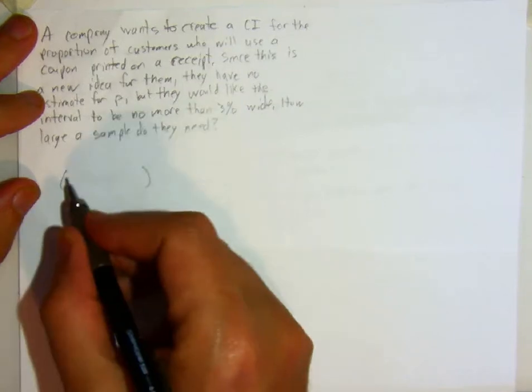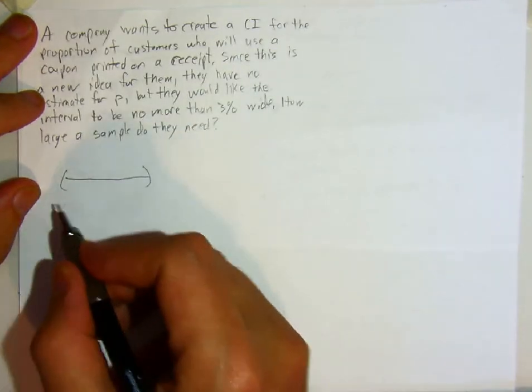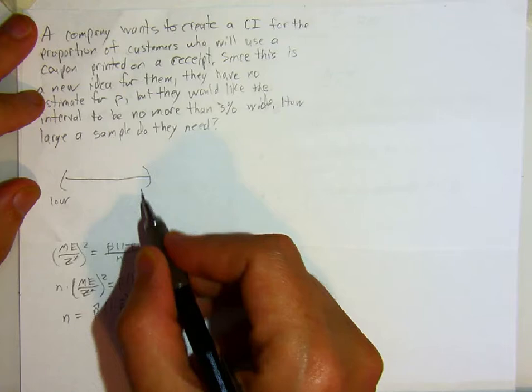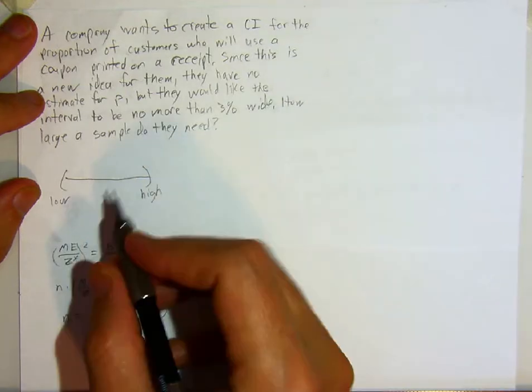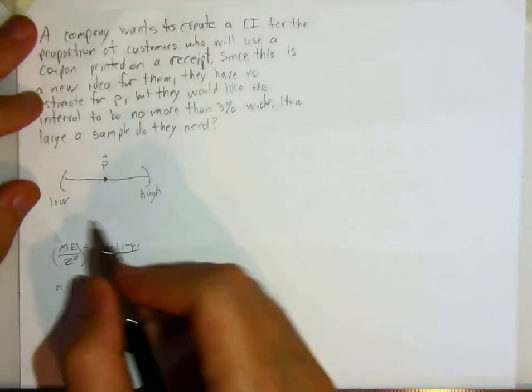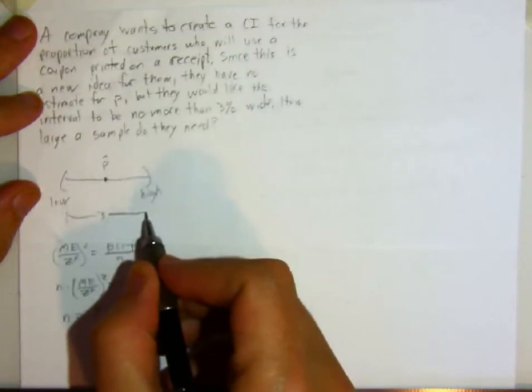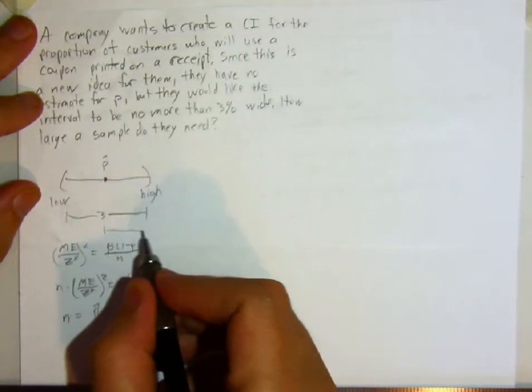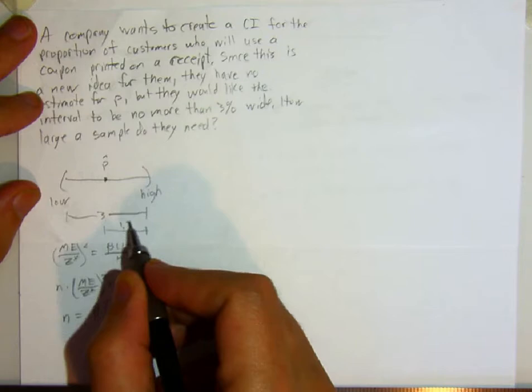So the first thing, there's a little bit of a trick here where we're saying the interval needs to be 3% wide. So this is our interval, low end to high end. And for that to be 3% wide, we have to think that the value in the middle is p hat, whatever we get from our sample. So 3% wide, if 3% is from here to here, that means each half of this interval is 1.5%.